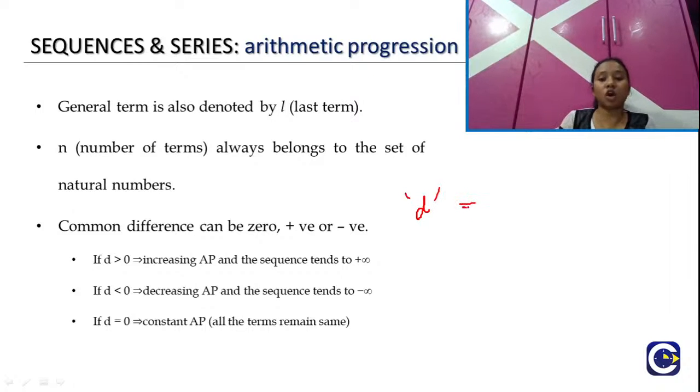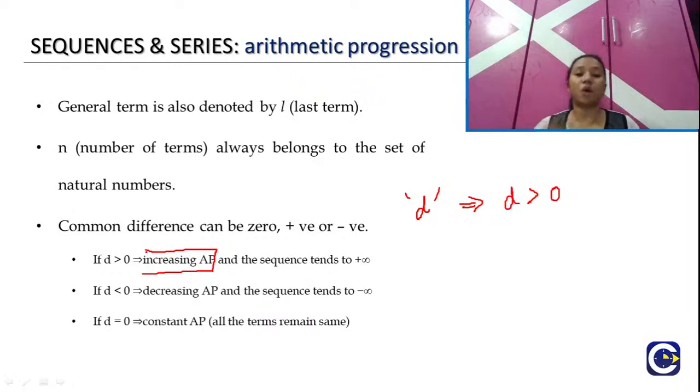So if this common difference D is greater than 0, then it's obvious that our sequence will tend to positive infinity. That indicates an increasing arithmetic progression. So directly we can say if the common difference is greater than 0, then the arithmetic progression will be increasing, which indicates that the sequence tends to positive infinity.